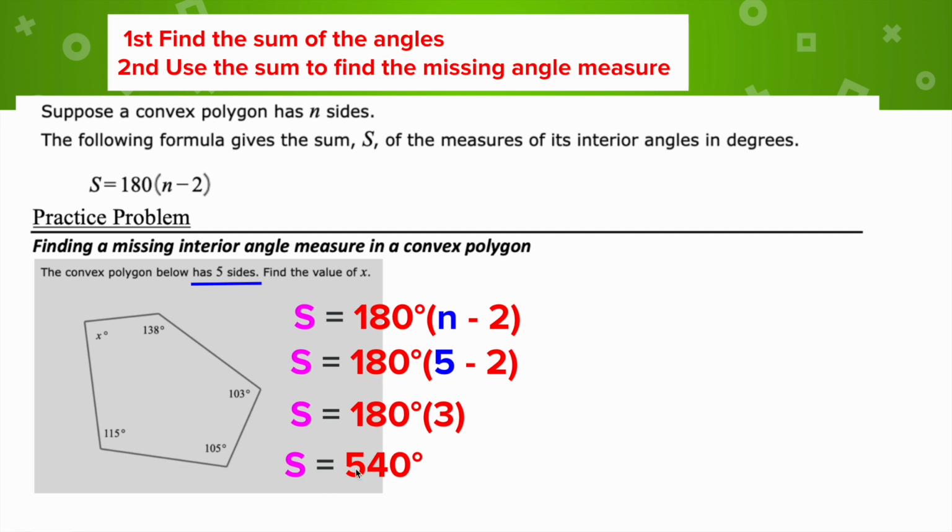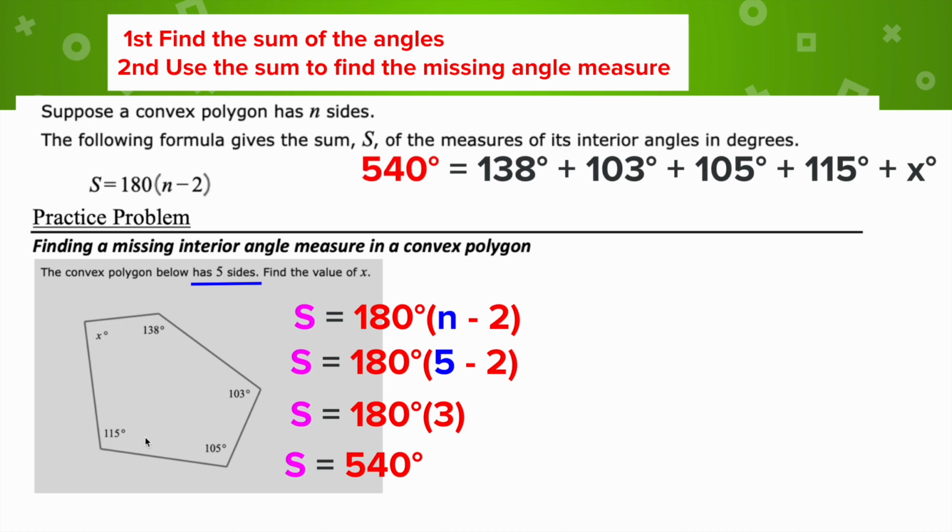Now I'm going to use that 540, and I'm going to add all of the angles together. They all have to add up to 540. So I have 138 plus 103 plus 105 plus 115 plus that angle x. If I add the 4 together that I have here, I just added 138, 103, 105, and 115, and I got 461.